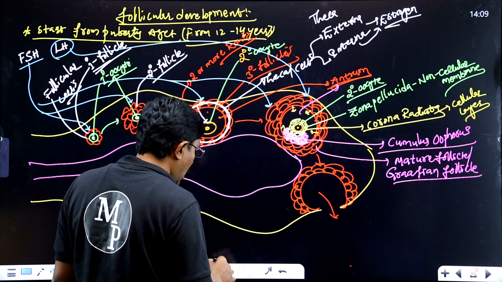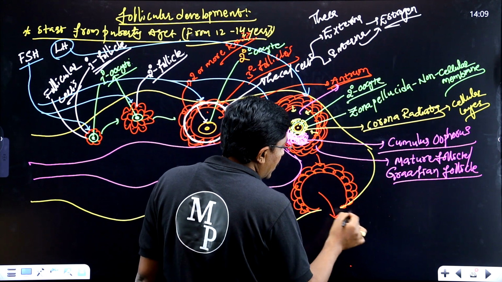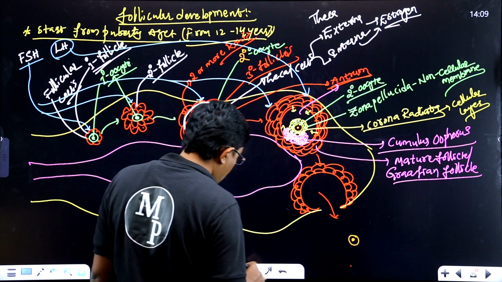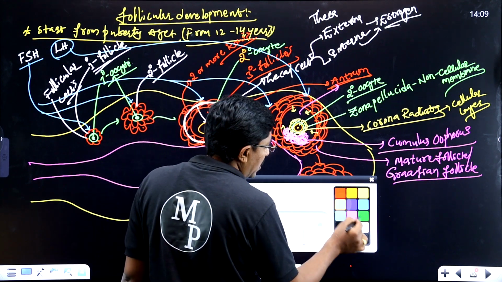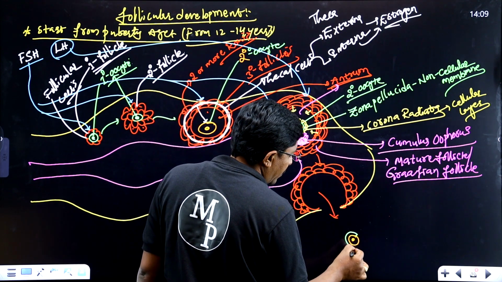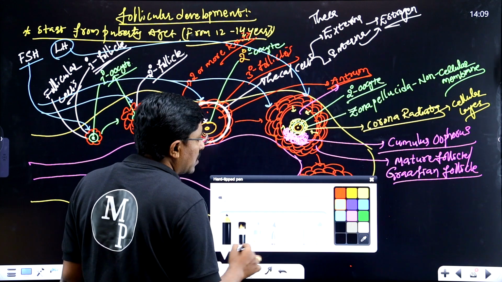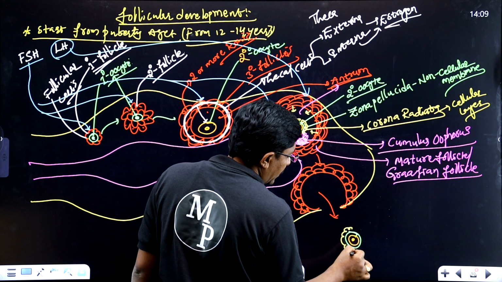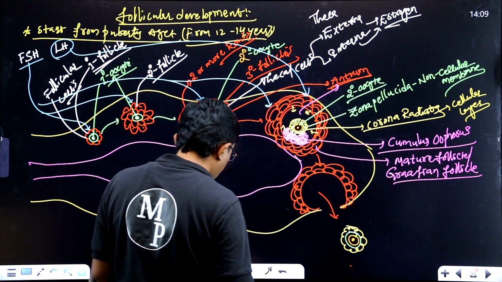After rupturing the layer, the secondary oocyte along with the two layers is released from the Graafian follicle to the outside.